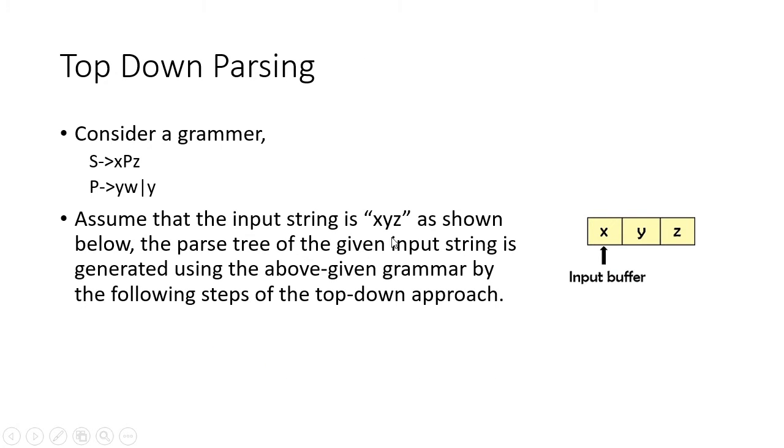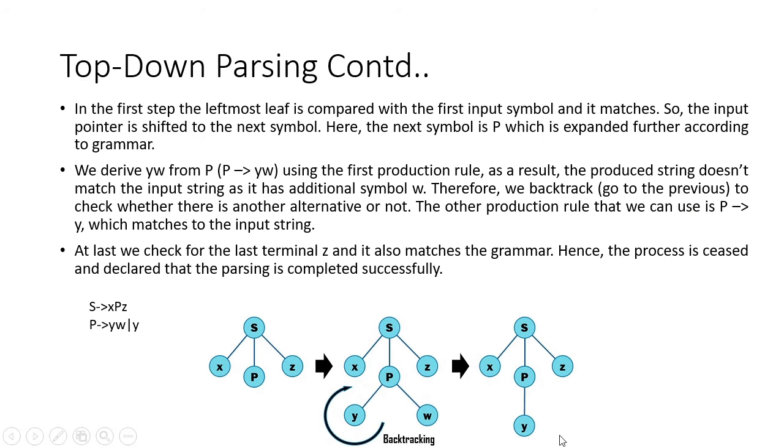If the input is XYZ, you should get XYZ at the leaves of the tree. So this is what is called top down. We start from the top and gradually proceed towards the bottom. The answer is always in the leaves X, Y and Z.